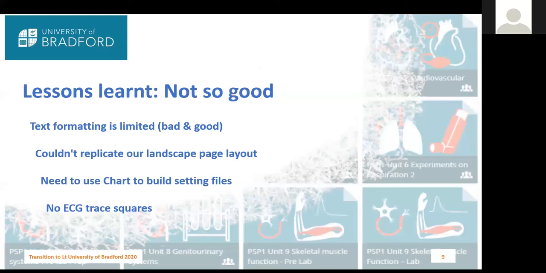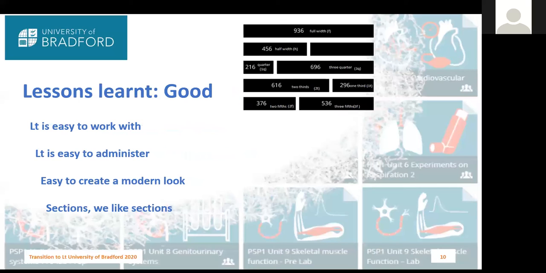We don't have access to ECG trace squares, and that's giving us a little bit of a problem in engaging with some of the ECG experiments because of that background trace. Minor niggles, but not many. So, those are the lessons learned.